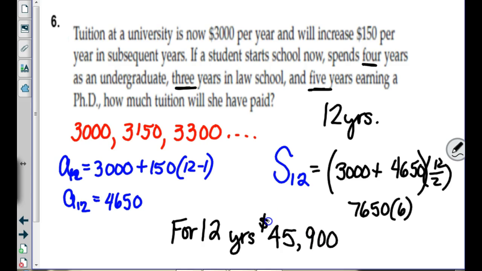Okay. Anybody think you can actually get 12 years of college tuition for that amount of money? I don't know who goes to college for 12 years anyway, but I went a lot, but I didn't go 12 years. All right. Are we good?